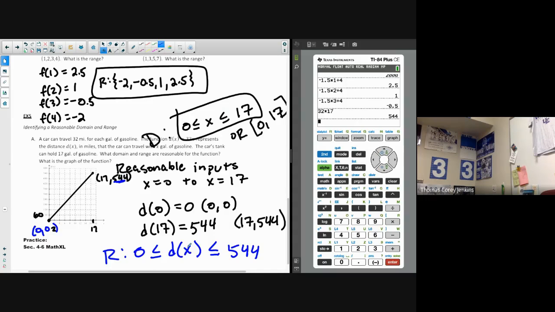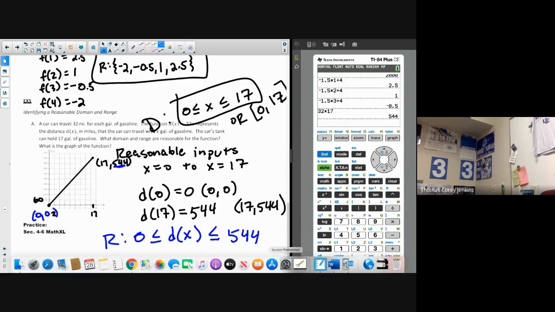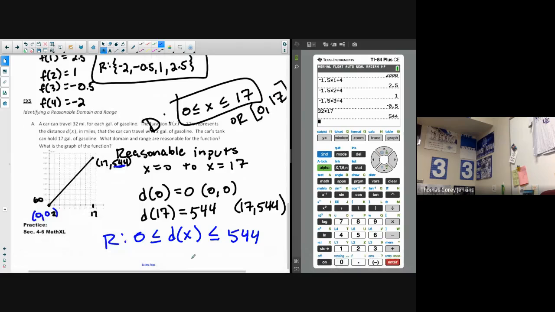It says that d of x has to be greater than or equal to 0 at any given time, and d of x has to be less than or equal to 544. That's the max distance I could travel, right? So that's basically what we're saying there. The only other way to say that, to include all of your outputs, would be to use interval notation. So you could go bracket 0, 544, close with a bracket.